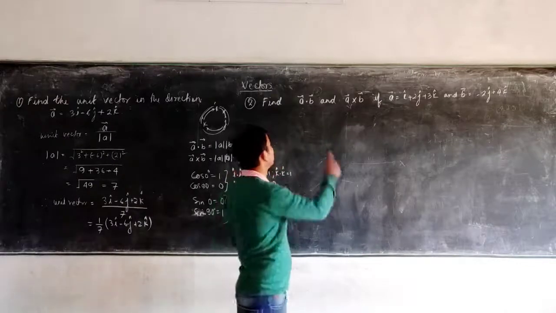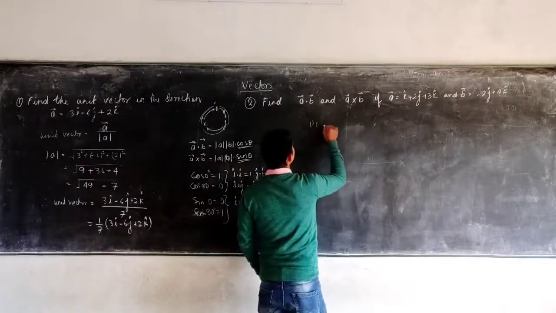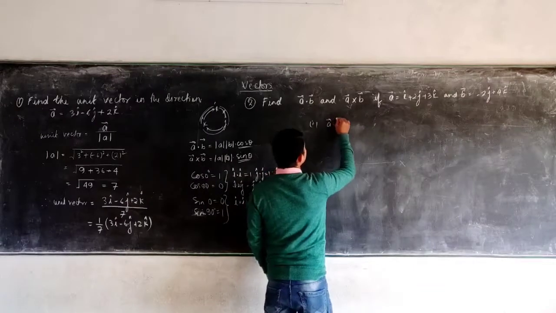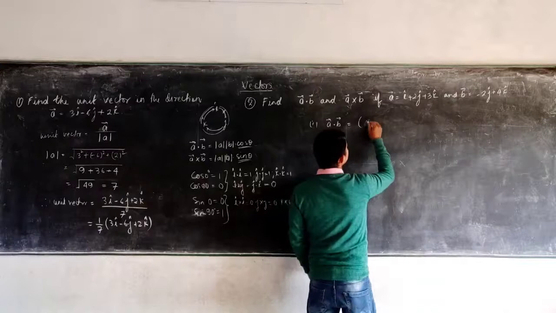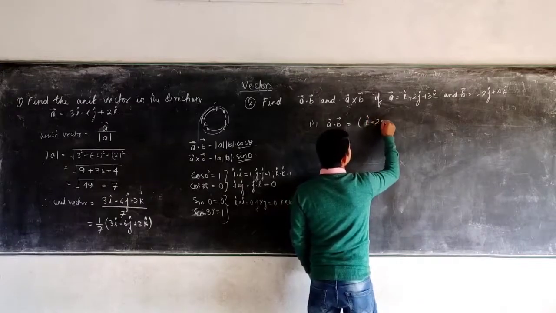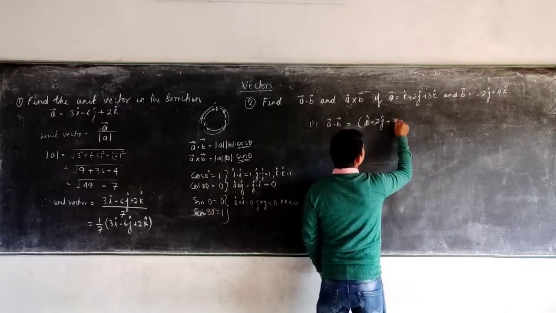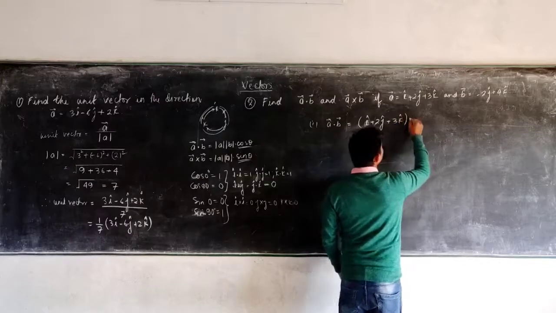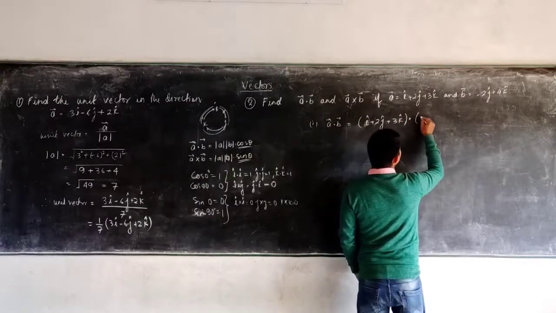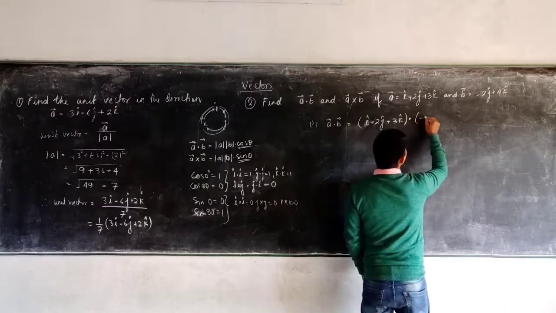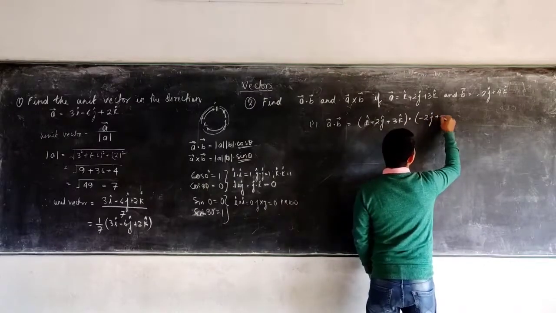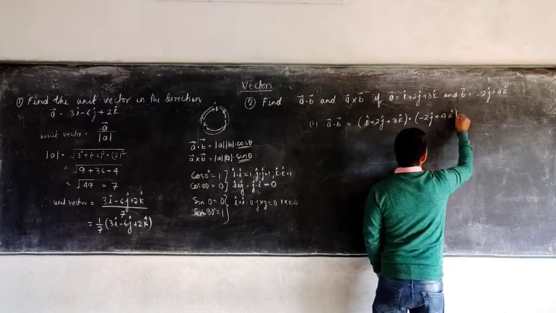Keeping this in mind, we'll try to find the cross product and the dot product of the two vectors. First, let us find A dot B. You simply write A is equal to i cap plus 2 j cap plus 3 k cap dot, and here I have no i, so it is 0 i, which you need not mention, so it is minus 2 j cap plus 4 k cap.